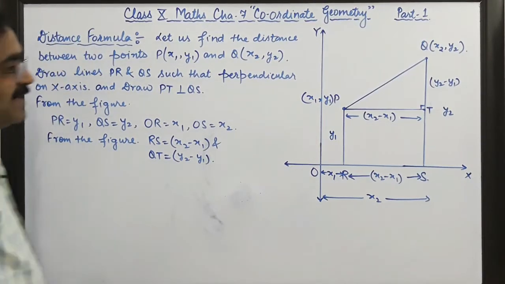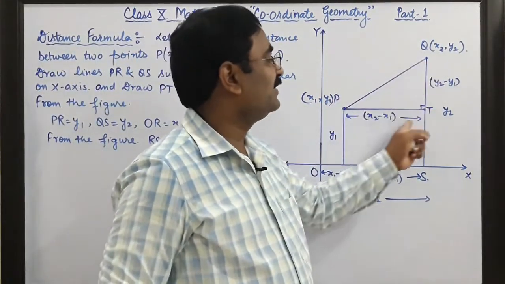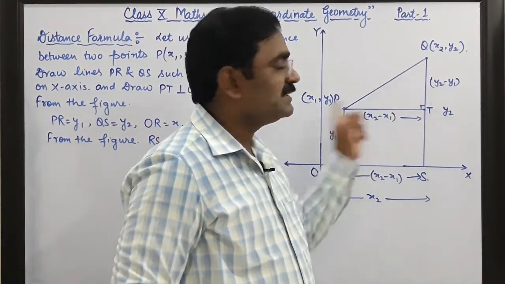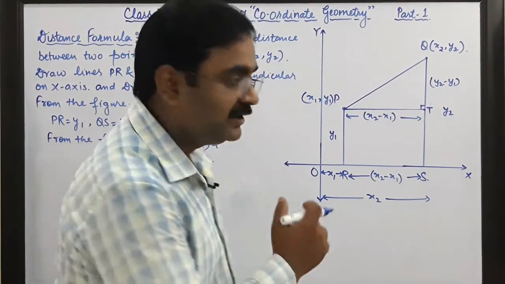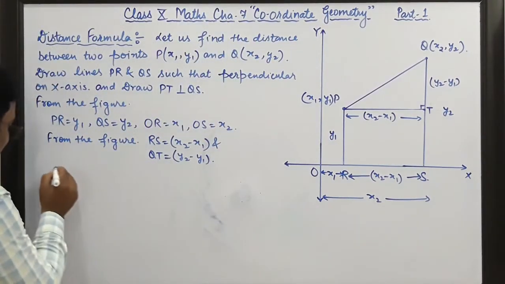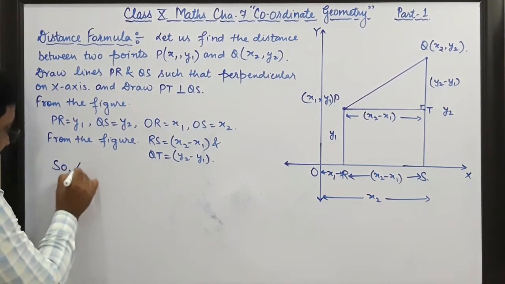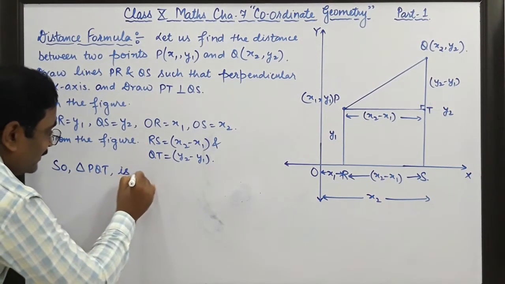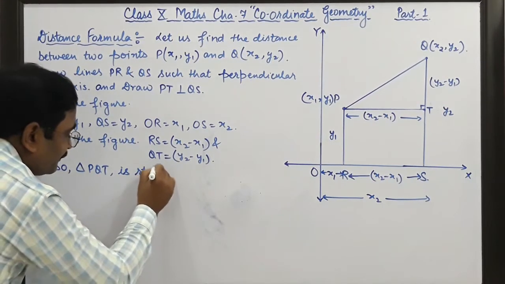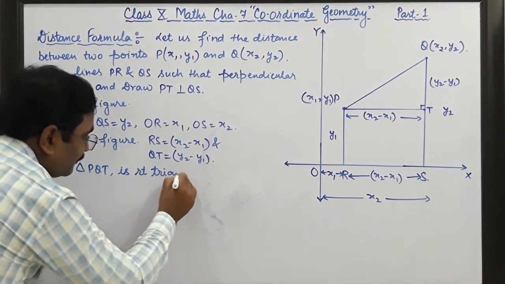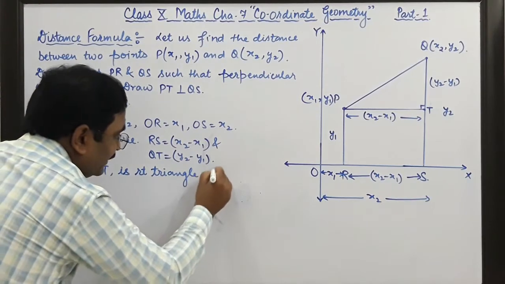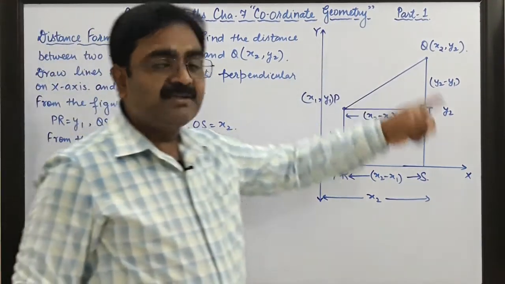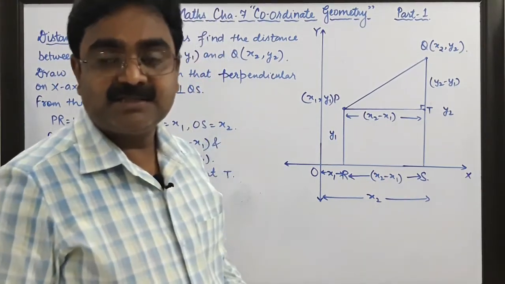Since we are getting here a right angle triangle, PQT is a right angle triangle at point T. So as it is a right angle triangle, we can apply the Pythagoras theorem.